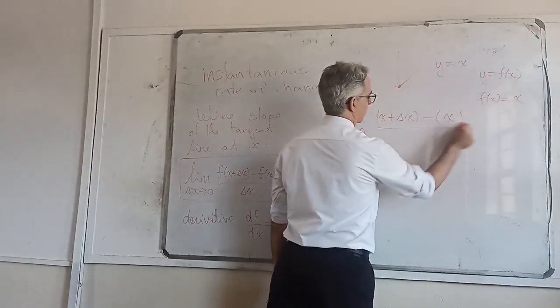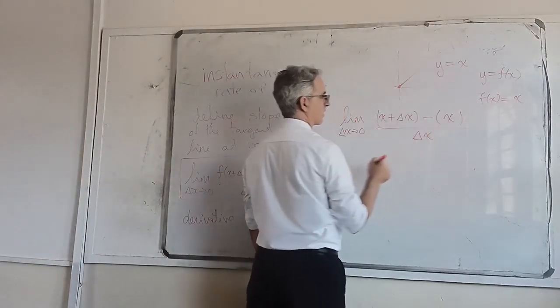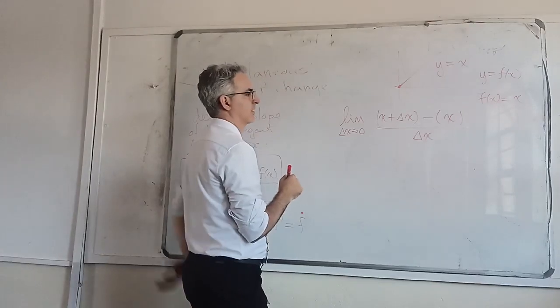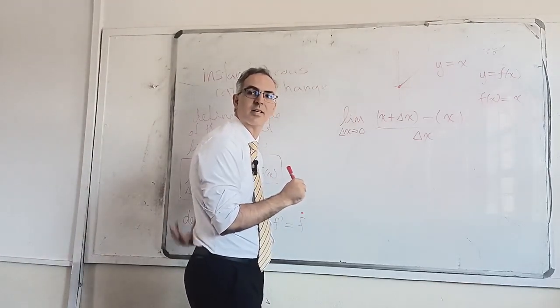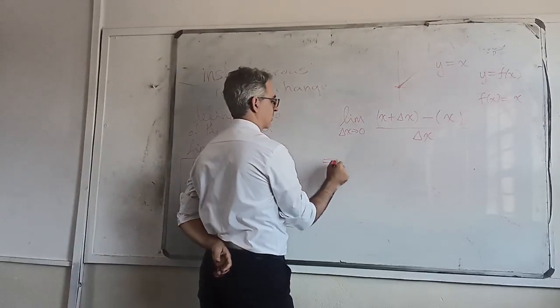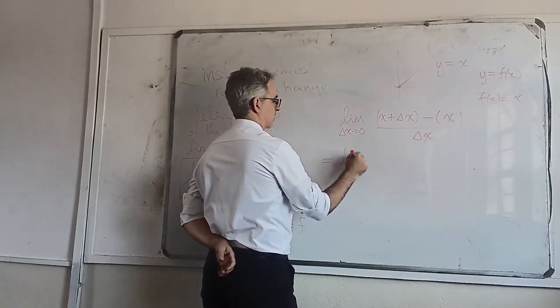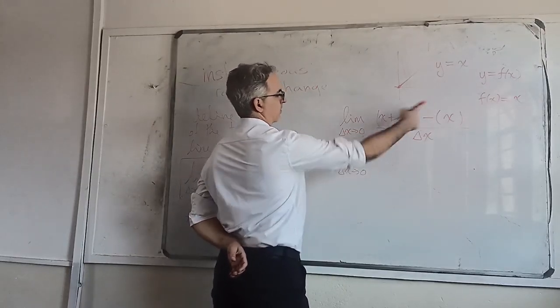And I divide by what? Delta x. Now, can I simplify? So I still have the limit as delta x goes to 0. How do I simplify this?